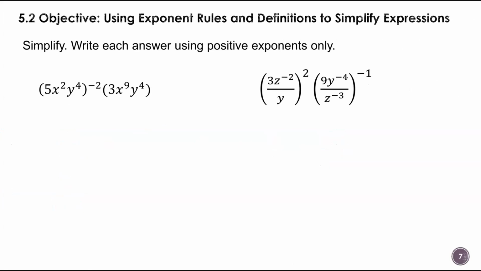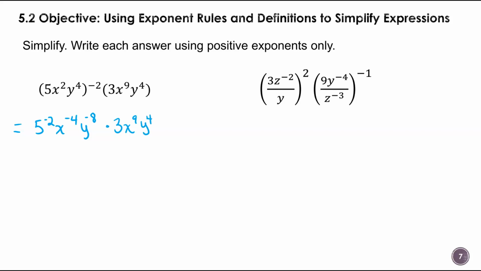Okay, so on this one we have to clear the first parenthesis because of the negative exponent on the outside, right? So this is going to be 5 to the negative 2, x to the negative 4, and y to the negative 8. And then that's going to be times 3x to the 9th, y to the 4th.